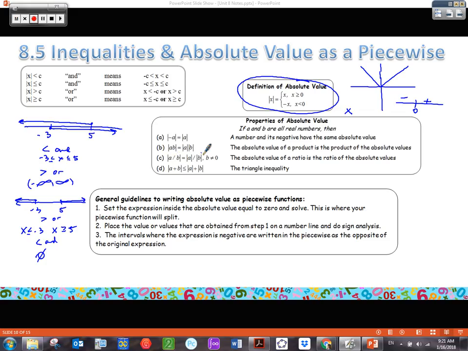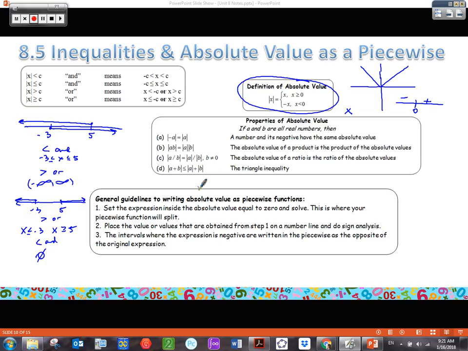If I have the product of two entities that are absolute valued, I am allowed to break them into pieces: the absolute value of the first times the absolute value of the second. Same with the quotient. I am allowed to separate those into the absolute value of the numerator over the absolute value of the denominator.